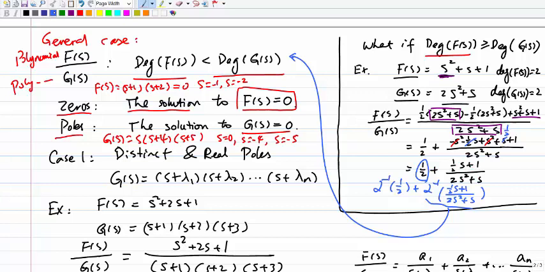So this one, you can do it individually. There's a table you can use to find the inverse. Even though originally the degree of F(s) is not less than the degree of G(s), by doing this trick this term is satisfied properly, because the degree of the numerator is 1 and the degree of the denominator is 2.